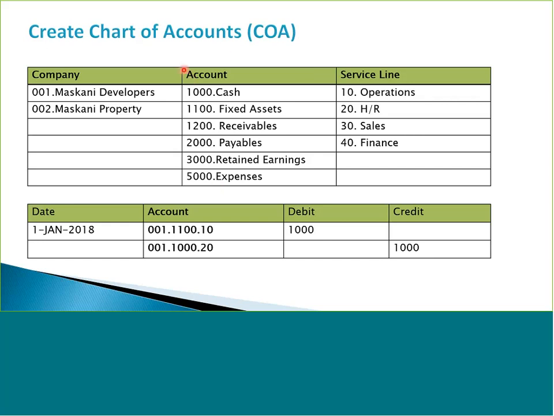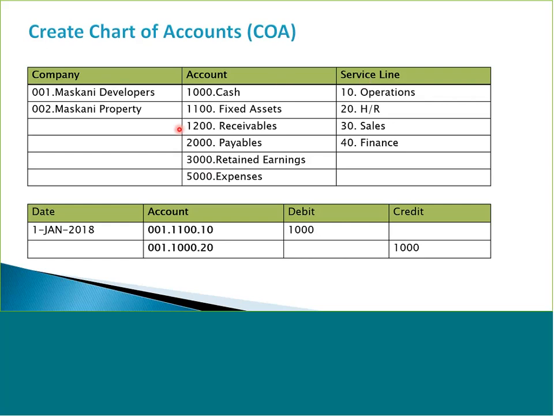And we have already mentioned that this segment here is called the natural account segment. But this combination here is usually called an account or an account combination. And what comprises an account combination? An account combination reflects the different segments of the chart of accounts.